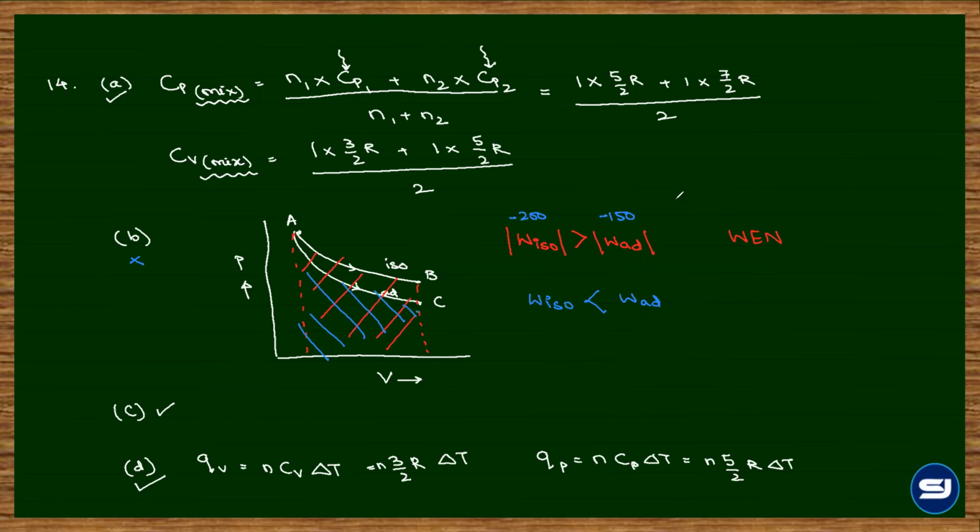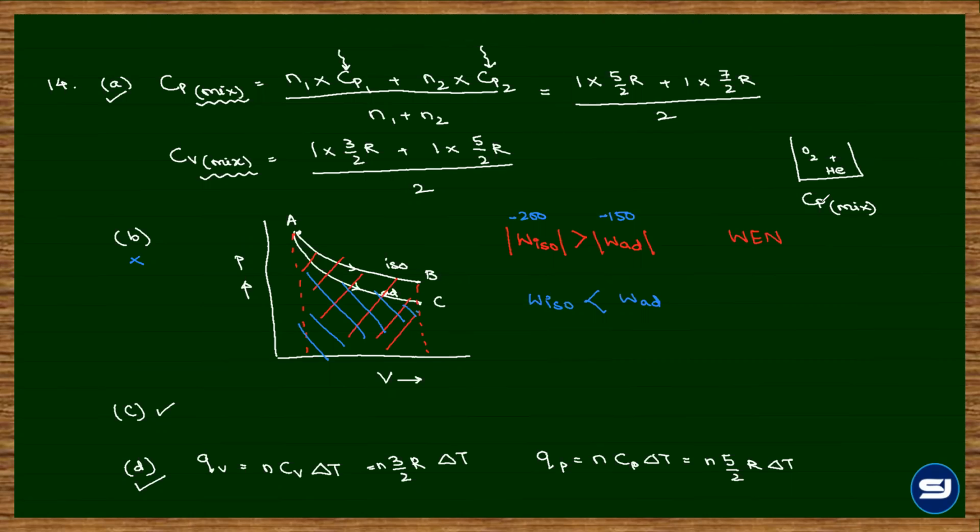In part A, I didn't understand what you did. See, when you are mixing two gases which have different atomicity, let's say I am mixing oxygen and helium, how will you find the heat capacity of the mixture?